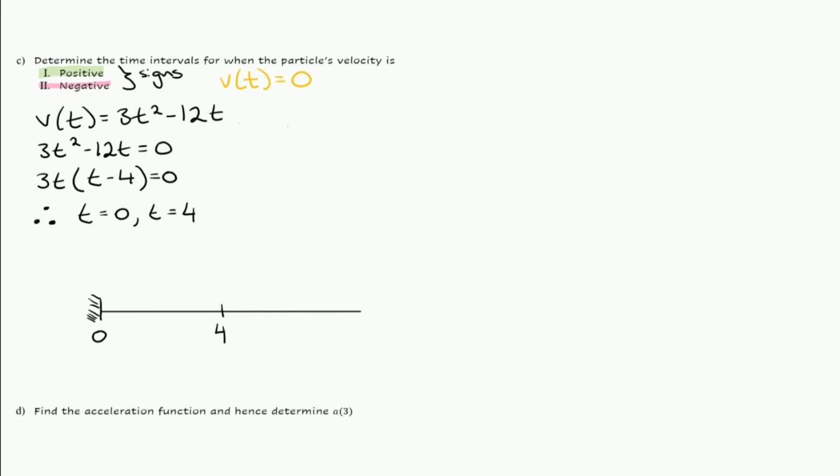So I'm going to plug in for this point for my first one when t is equal to 1. So putting it into my velocity function, I've got 3 times 1 squared take away 12 times 1. So that is just 3 take away 12, which is going to give me a negative here between 0 and 4.